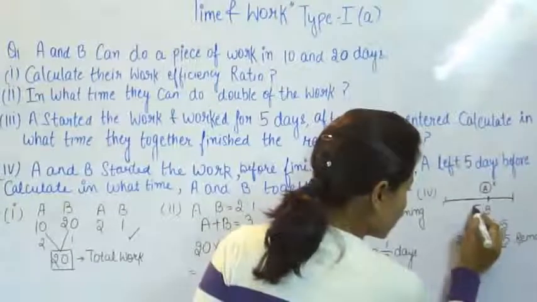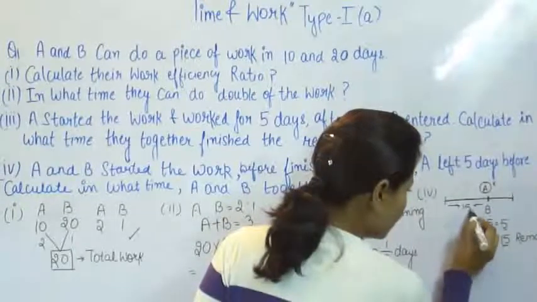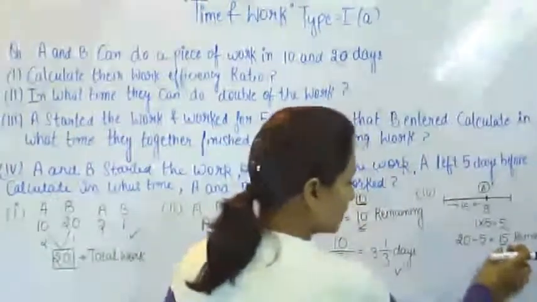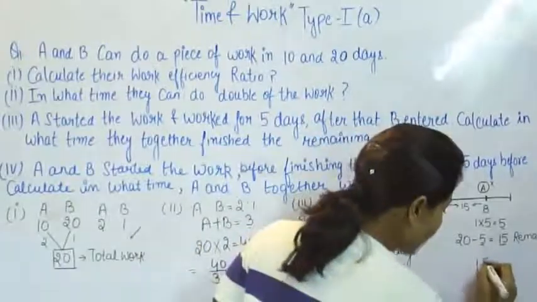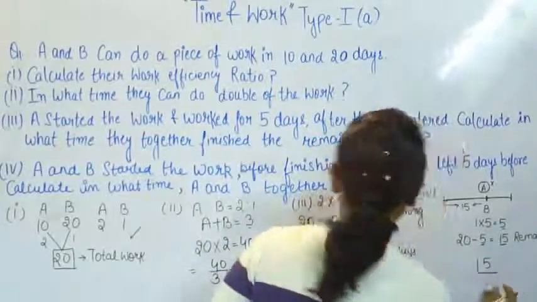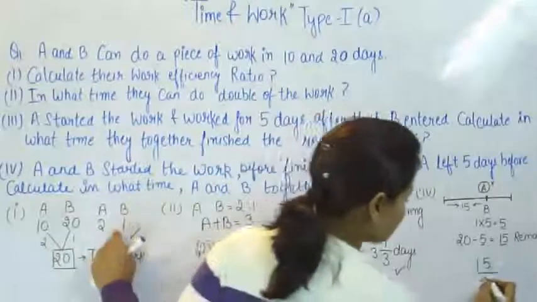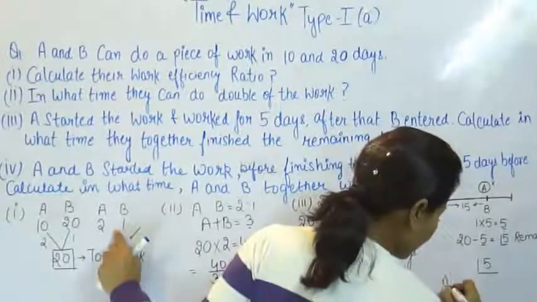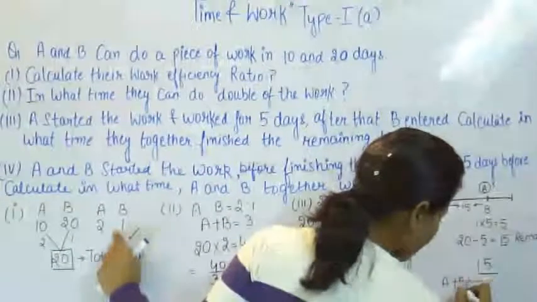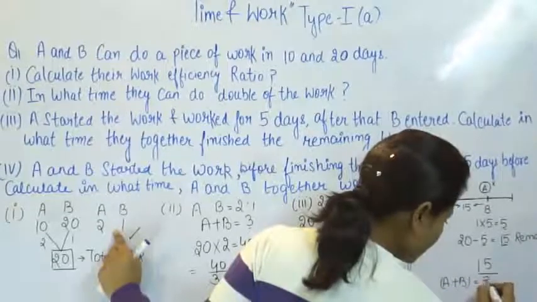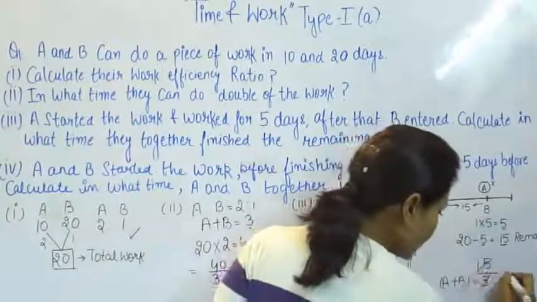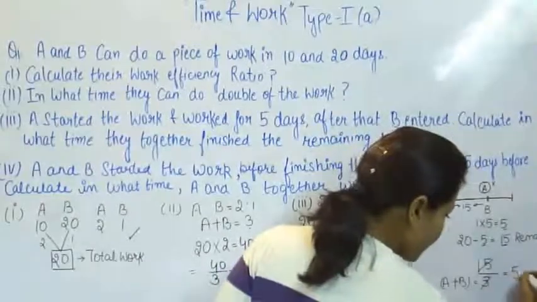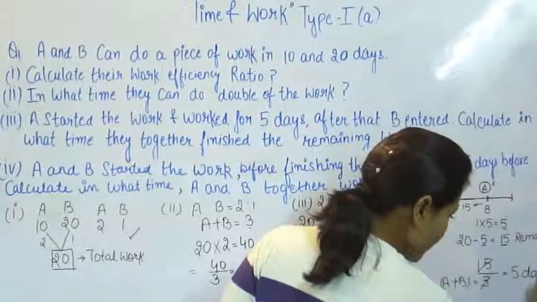Now this work is 15 because this is the remaining work, right? And this work has been done by A and B together. A and B together is equal to 3. So when we divide it, we get 5. So this is the answer.